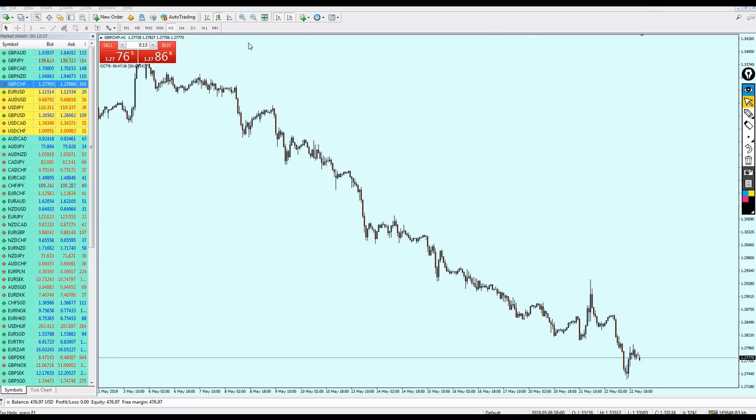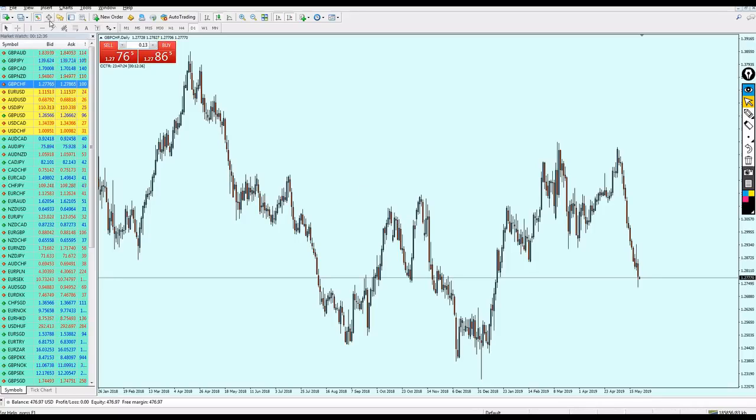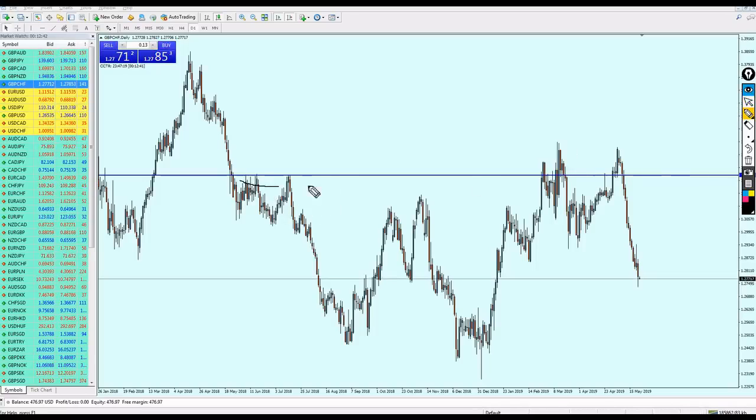Now, we need to understand something. As I have explained before in the past about support and resistance, these are permanent levels. So when we say that we have a resistance here, remember I'm on the daily chart.